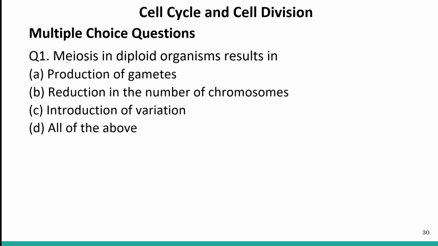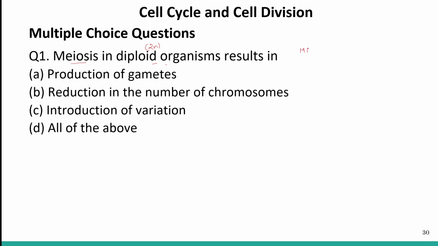Here they're saying meiosis in a diploid organism, meaning 2N, an organism which has two sets of chromosomes. The meiosis in diploid organism results in, okay, so first let's talk a little bit about meiosis.